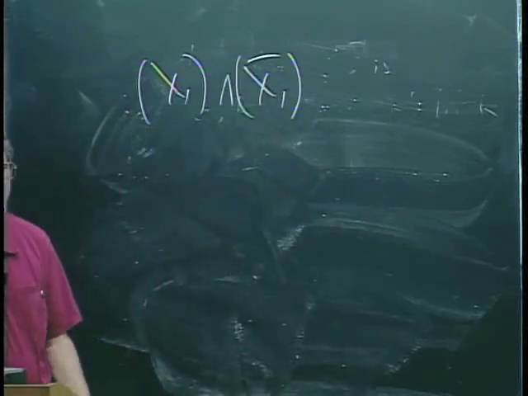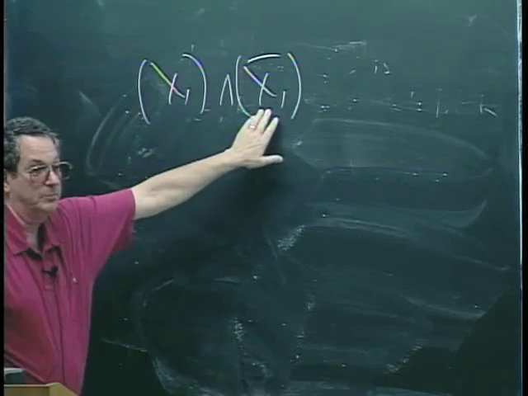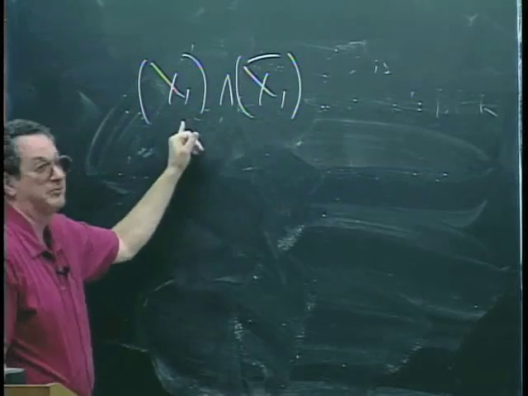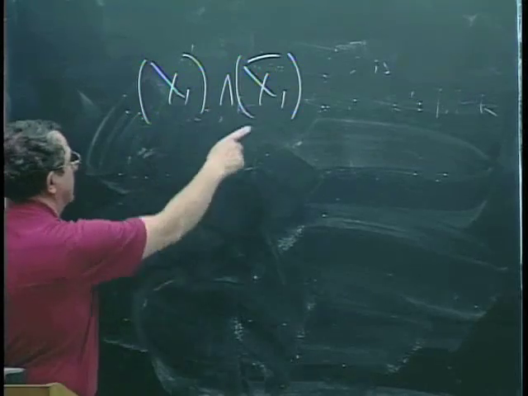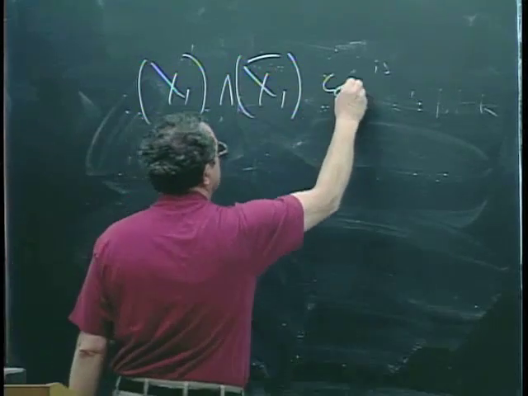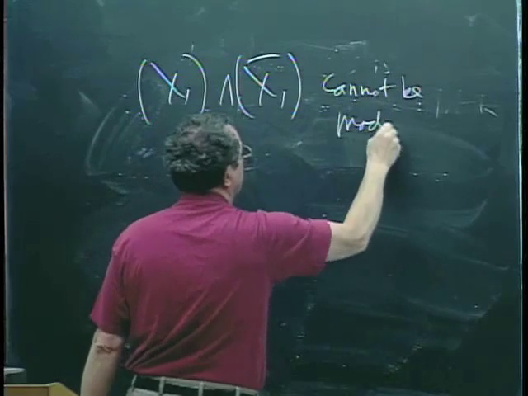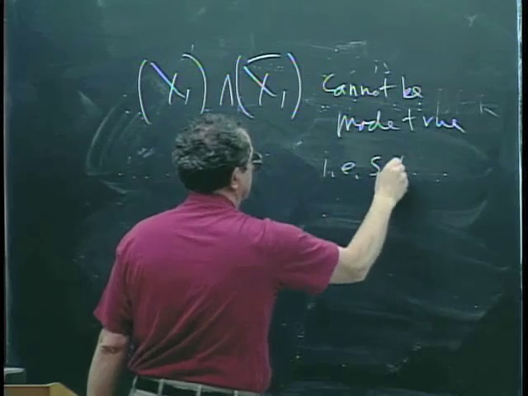Rather trivial, but you cannot make this true. If you make x1 true, you're making x1 bar false. If you make x1 false, you've made x1 bar true, but then x1 is false. Okay, so that's no good. All right, so this cannot be satisfied, made true, and that means satisfied.